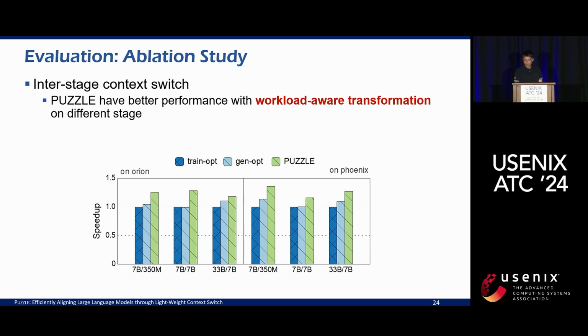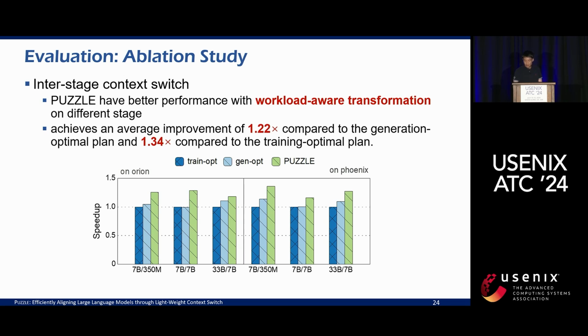And to show the effectiveness of the workload-aware transformations across different stages, we compare Puzzle with and without this technique. This technique achieves an average speed-up of 1.22 times compared with the generation optimal plan, and achieves a speed-up of 1.34 times compared to the training optimal plan.